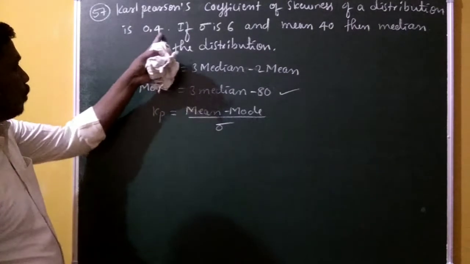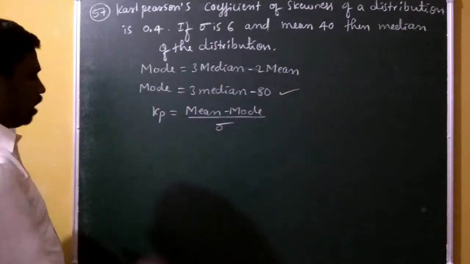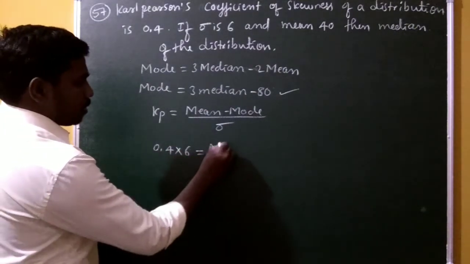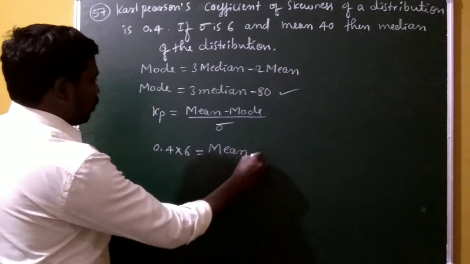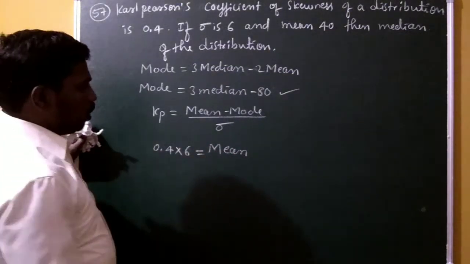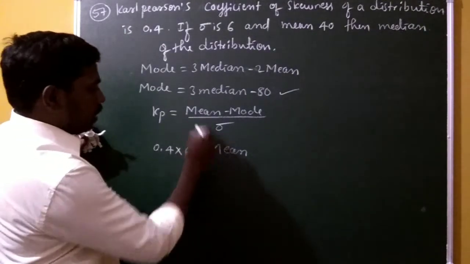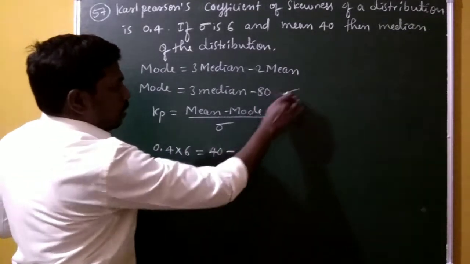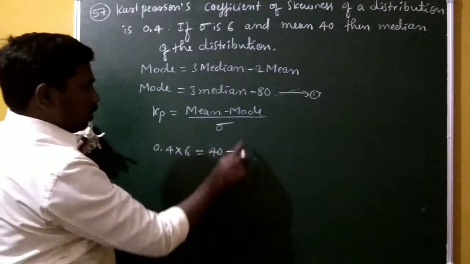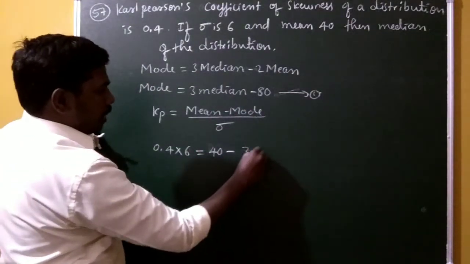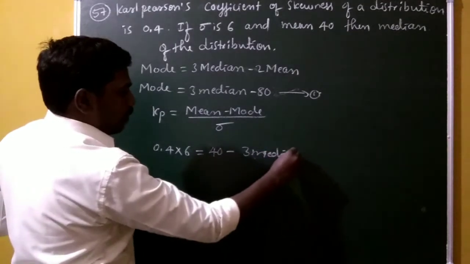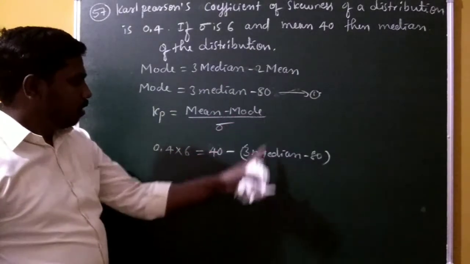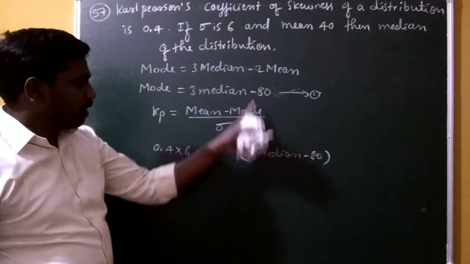Kp is given as 0.4 and the standard deviation is 6, so 0.4 into 6 equals mean minus mode. The mean is 40. From equation 1, in the place of mode we can write 3 times median minus 80.